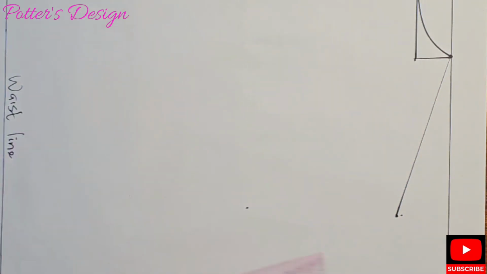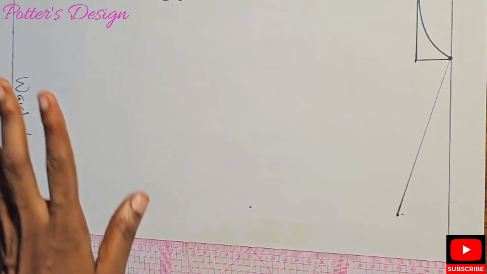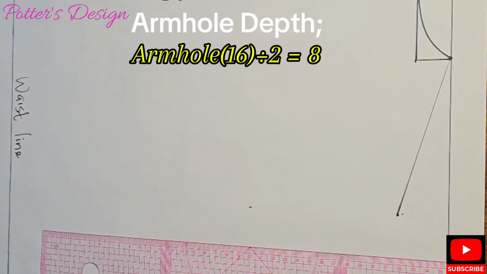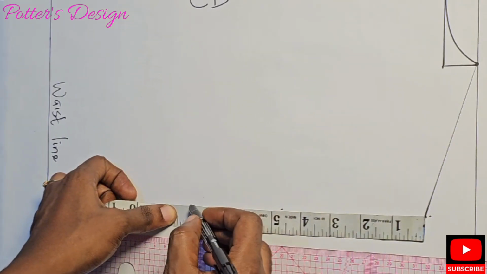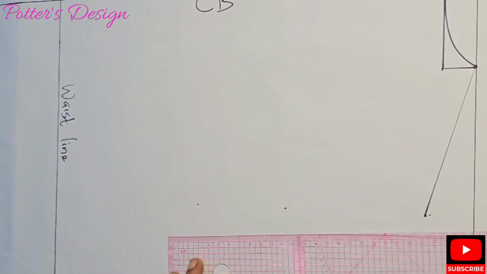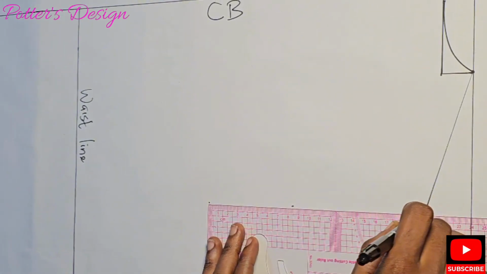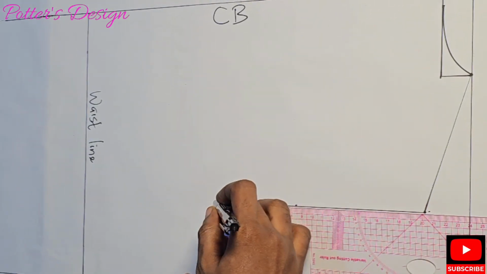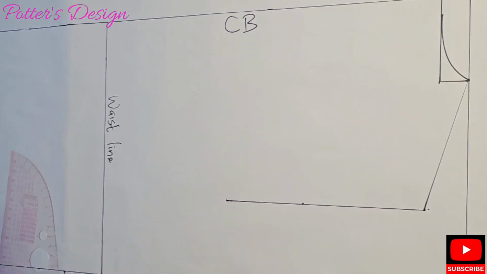So in order to get the depth of your armhole, take your armhole, divide it by 2. So my armhole measurement is 16, divided by 2 is 8. So here you connect your shoulder point to the armhole line. So here I want to draw out this armhole line.